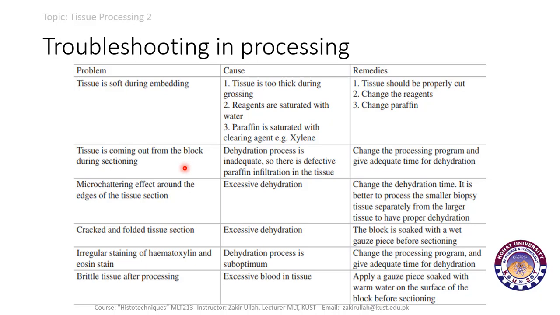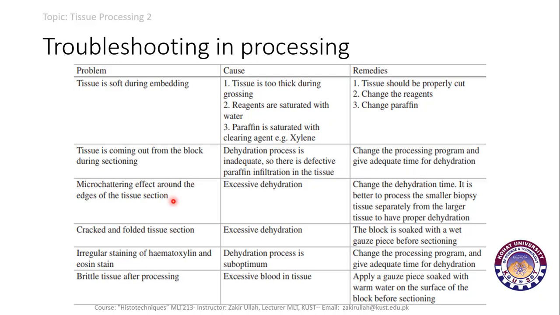This issue is caused by inadequate dehydration, so due to the water, the paraffin is not properly infiltrated in the tissue. This issue is solved by changing the processing program and giving specific and adequate time for the dehydration.